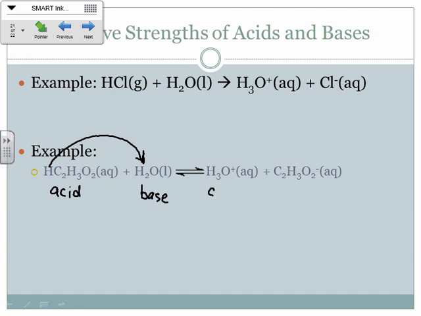This is the conjugate acid, and the conjugate base. Okay. And so if you take a look at those, and you want to know which direction the equilibrium actually favors in this particular case, in this case, the C2H3O2- is a stronger base than the water.